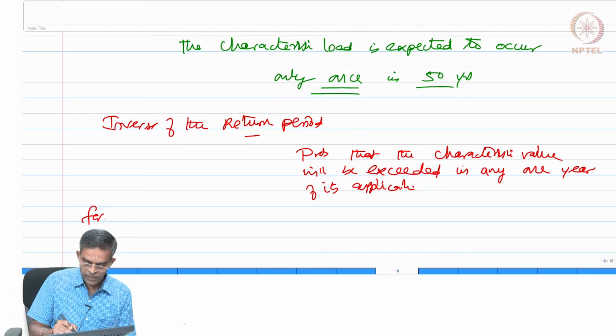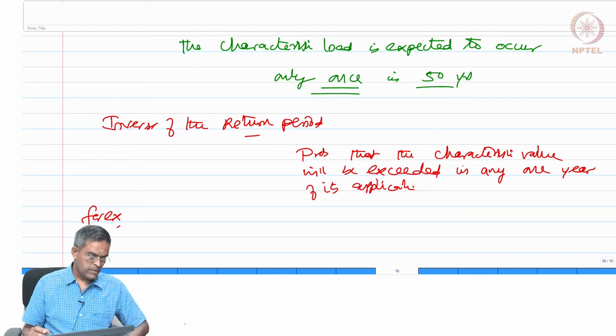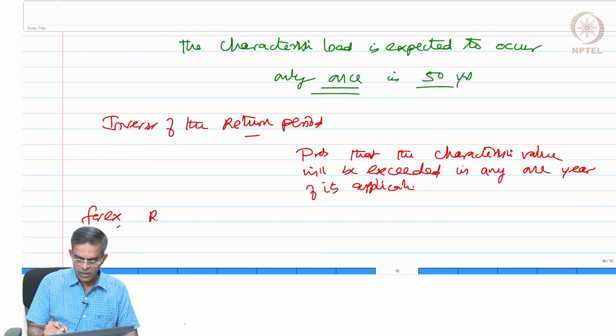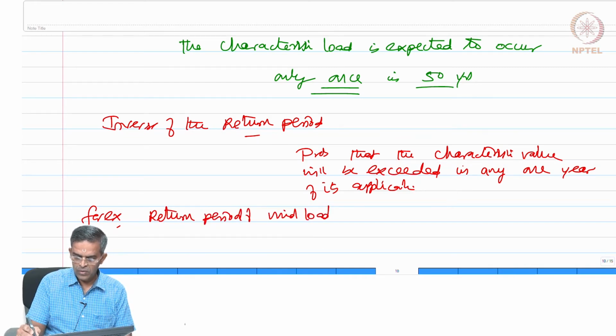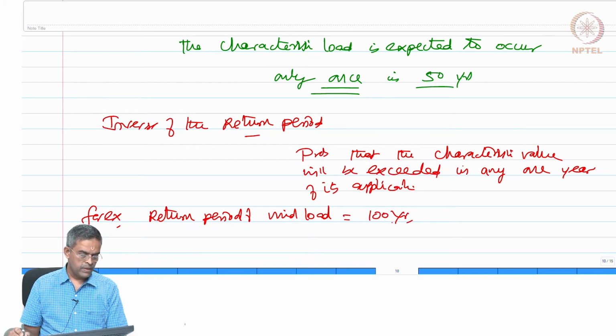For example, if the return period of wind load is 100 years, inverse of this is going to be 0.01.